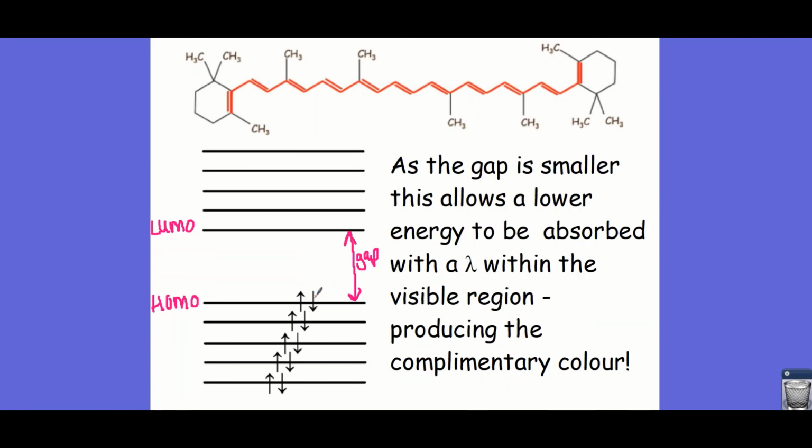So that gap's quite small. So it takes much less energy to be absorbed in order to promote that electron up to the lumo. As that happens, we're absorbing a wavelength within the visible region, and we would observe the complementary colour.